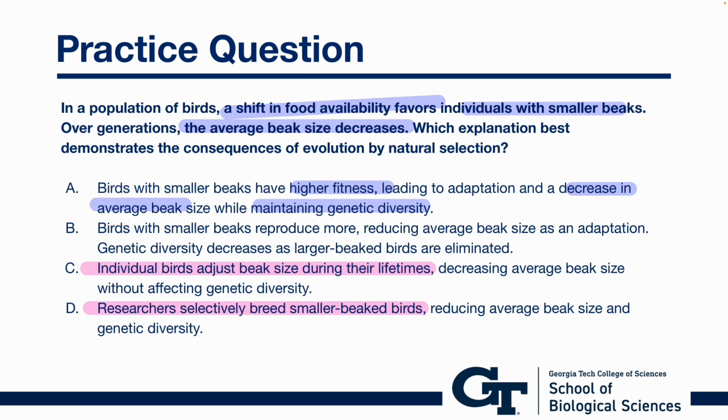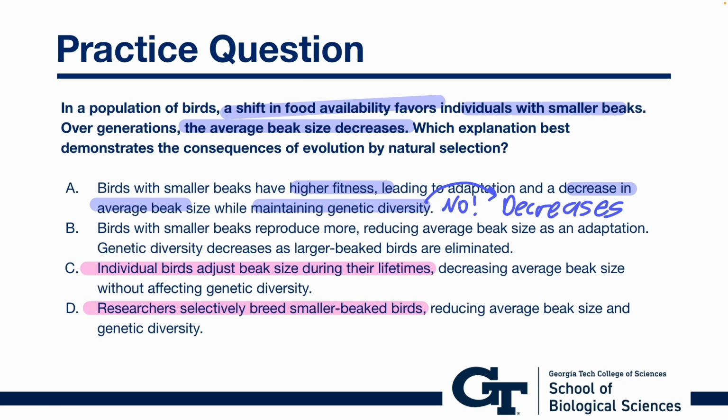However, do we maintain genetic diversity? No, we don't, because small beaks are favored, not large beaks. So genetic diversity will actually decrease. Let me write that out. No, it does not. Decreases.